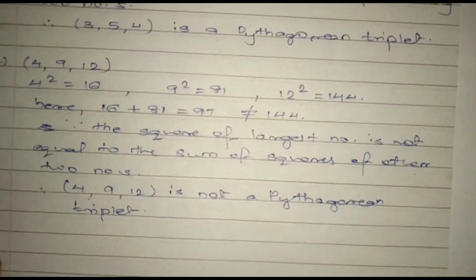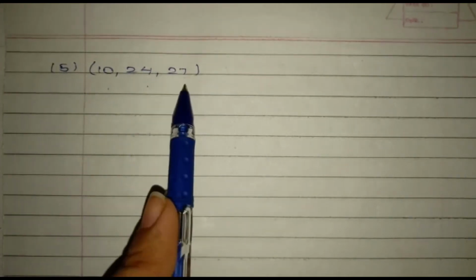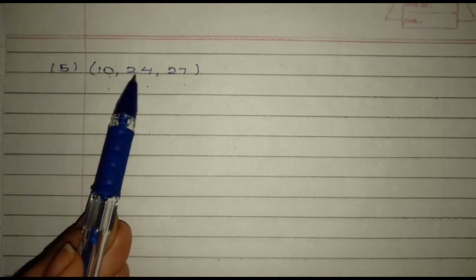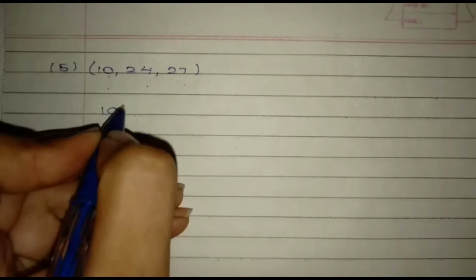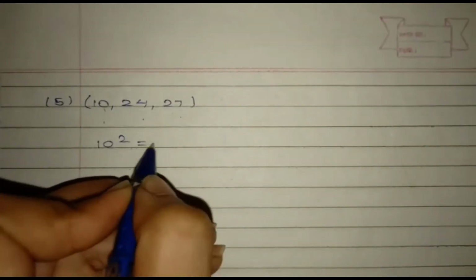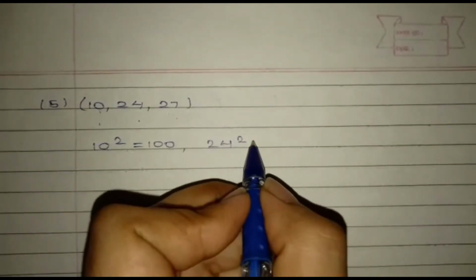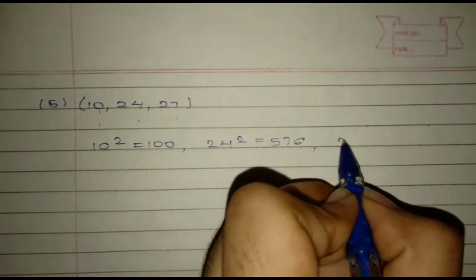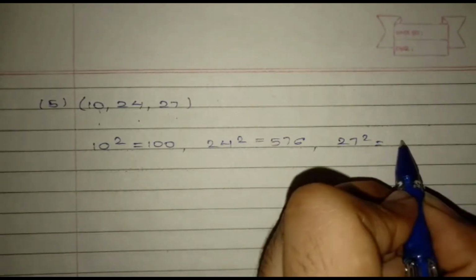Now let us start with the fifth sum. In the fifth sum we have 10, 24 and 27. So we have to check whether 10 square plus 24 square is equal to 27 square. So let us check. 10 square is equal to 100. 24 square is equal to 576, and 27 square is equal to 729.